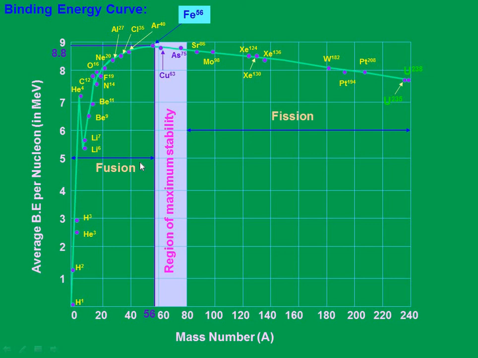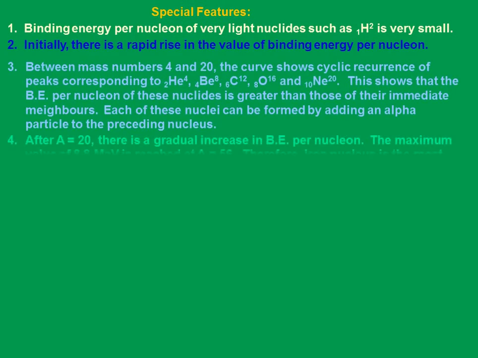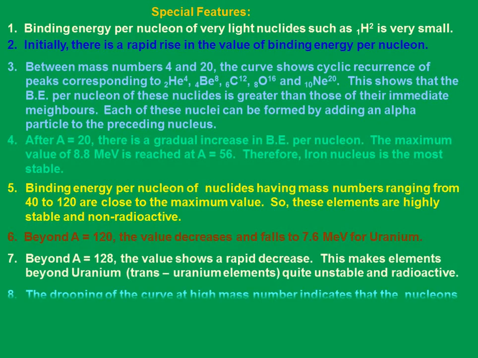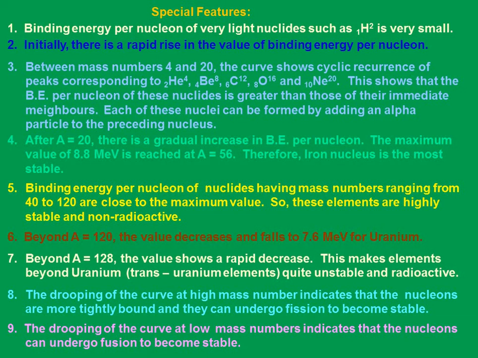And by the way, whenever we consider any nuclear reaction, it should follow some rules so that the reaction will occur. A nuclear reaction can occur only if certain conservation laws are followed.